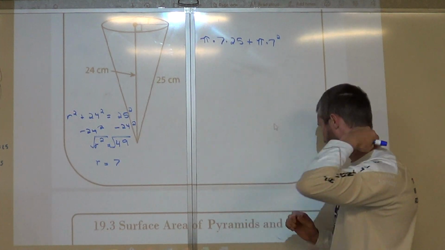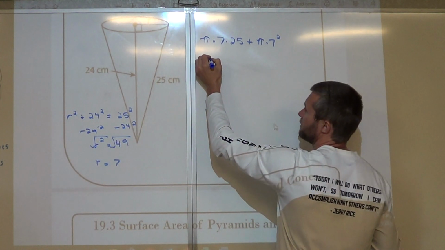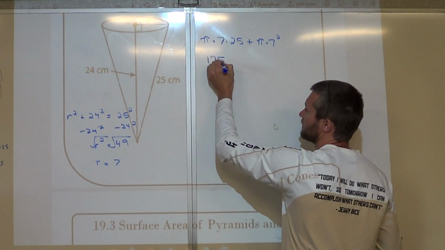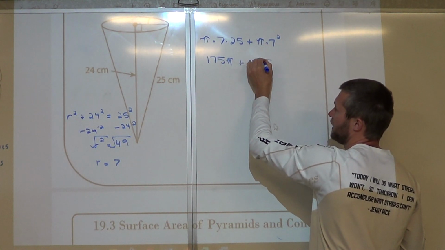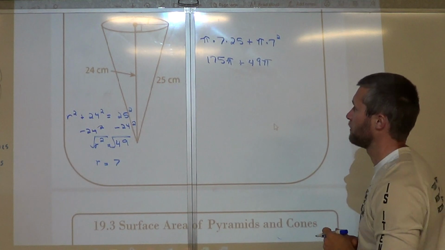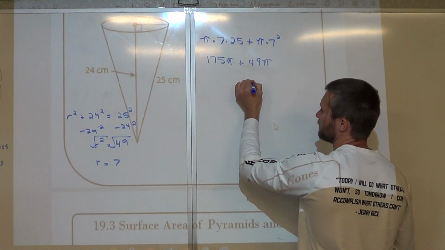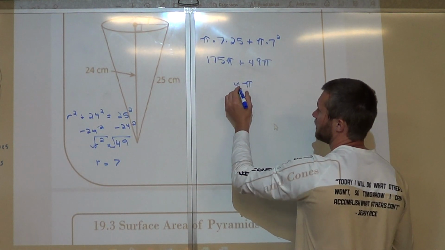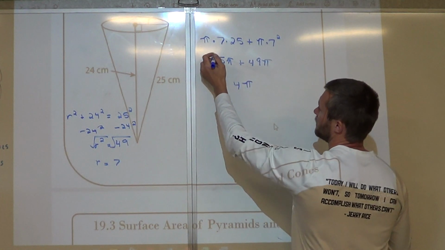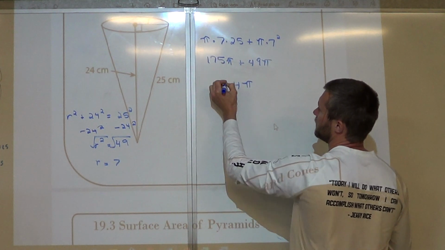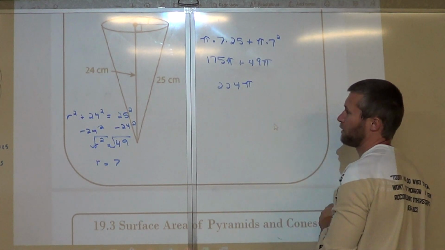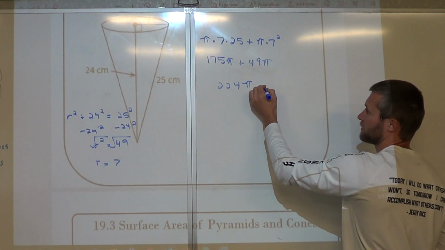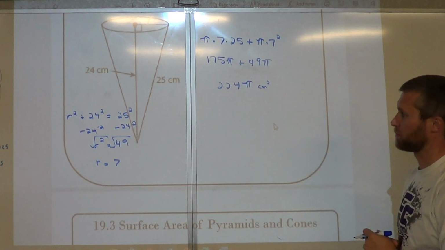So 7 times 25 would be 175 pi, plus 7 squared would be 49 pi. Then we add these two together, so it would be 224 pi centimeters squared. We'll leave it in terms of pi.